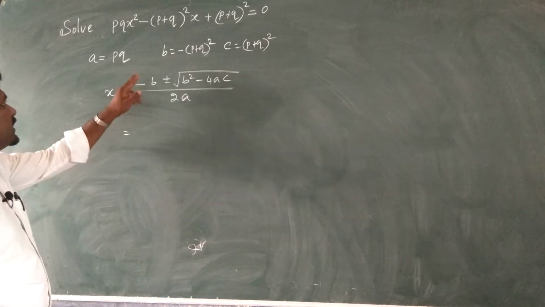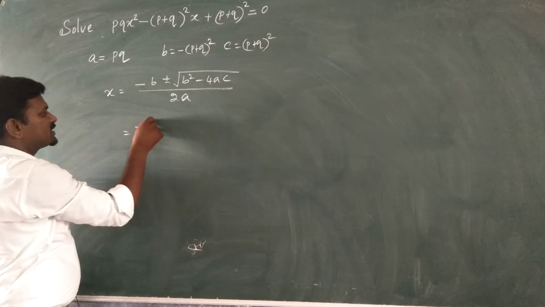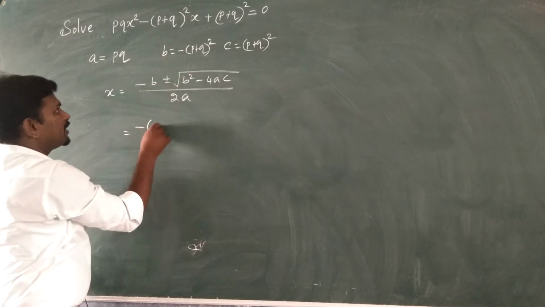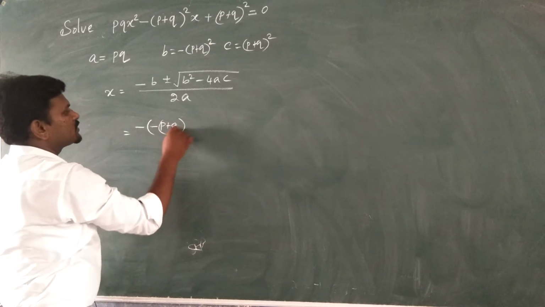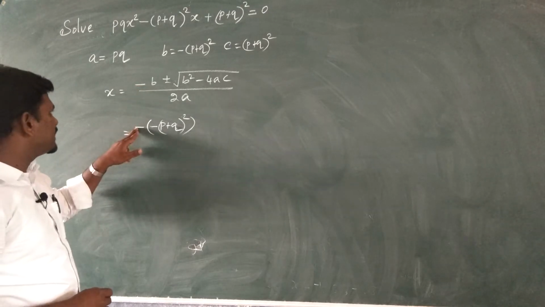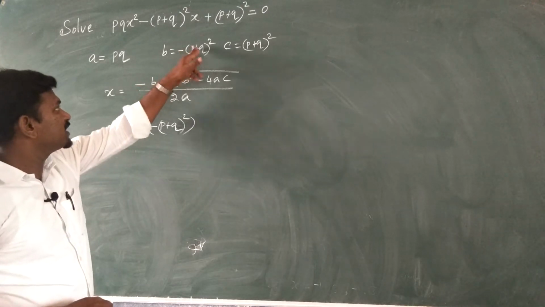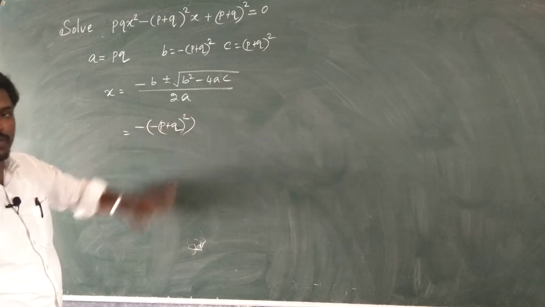Now minus b is equal to minus of minus (p plus q) whole square, that is, (p plus q) whole square.